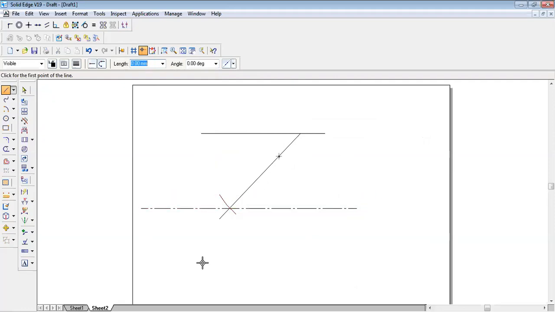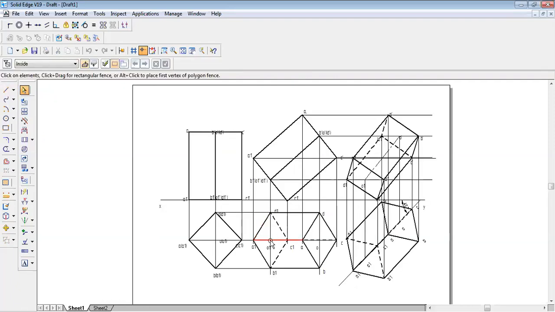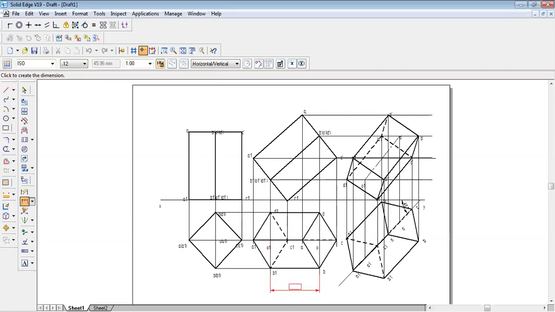Then again, you measure the distance from this point to this point, where your axis will come. That is O to O1. For the second case, you have to take this axis length. This axis length is 45.96.